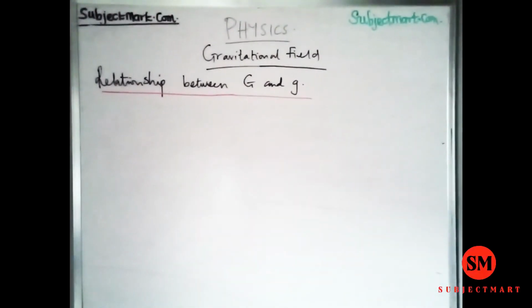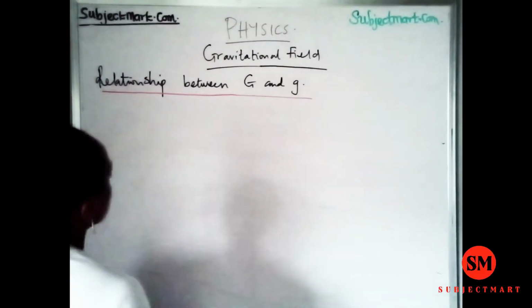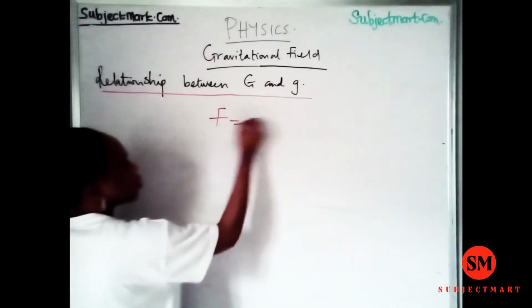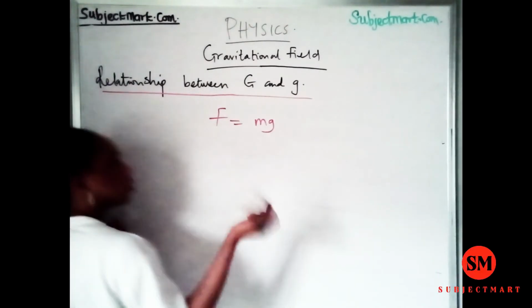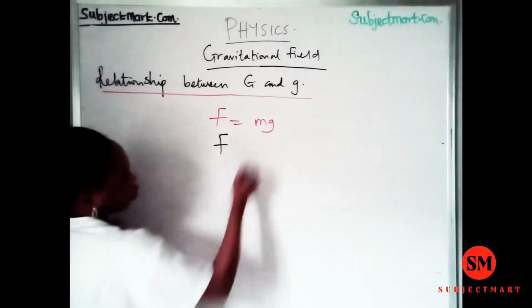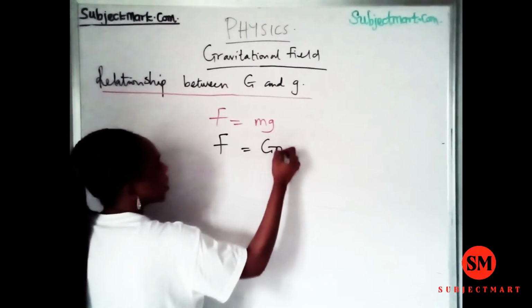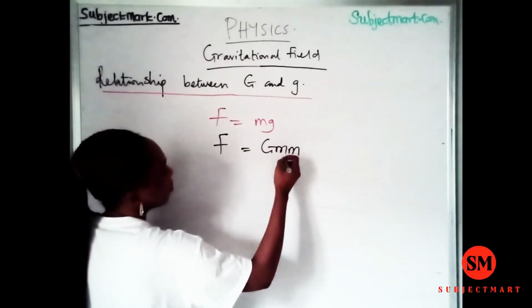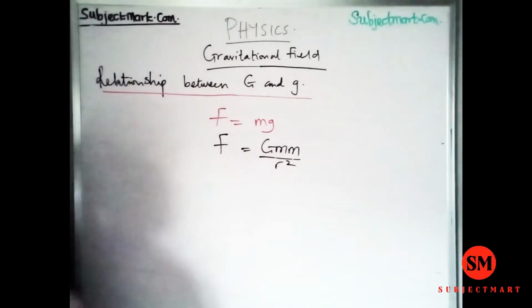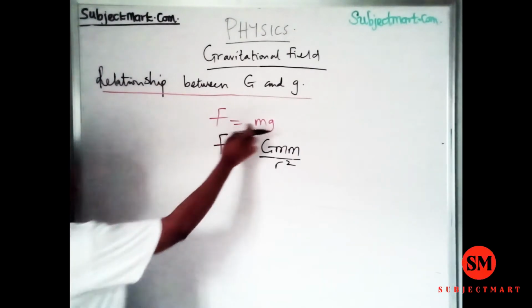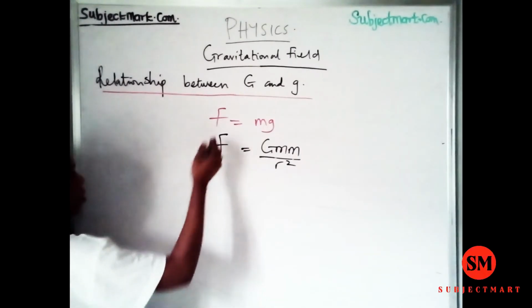Okay, so in terms of formula, I'll quickly like to talk about the relationship between capital G and small g. Remember that F is equal to mg, and also, according to the universal law of gravitation, F equals G m1 m2 over r squared. So how do we relate this? From here, I'm going to make g the subject of the formula.